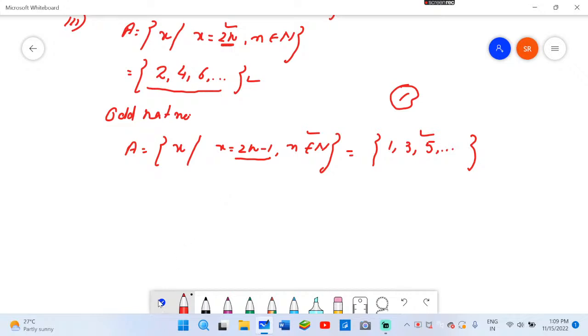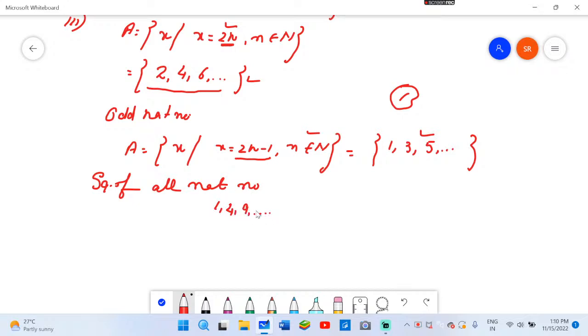Then we take next example. Set of squares of all natural numbers. It will look like set of squares 1, 4, 9 onwards.